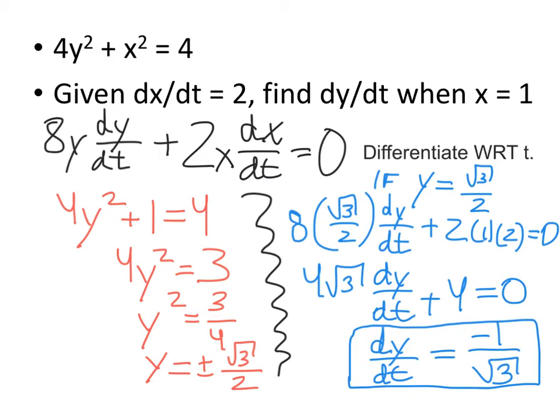Notice that for the other case, if y equals negative square root of 3 divided by 2, you're just going to get positive 1 divided by the square root of 3. One more comment I want to make about this. We were given in the previous slide that dx/dt was positive 2.